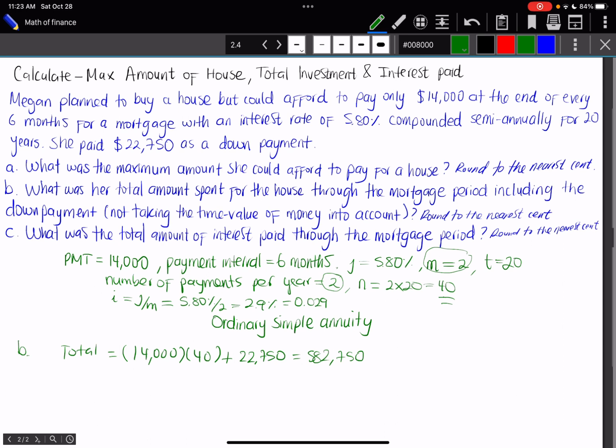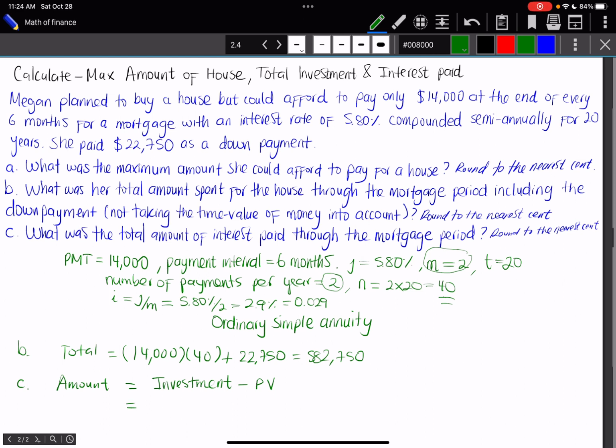Okay, so that's all for part B. As for part C, to find the total amount of interest paid through the mortgage period, we calculate the amount that she invested, so the amount from part B, what was invested, and we subtract the present value, the present value of the money that she's willing to pay for the house.